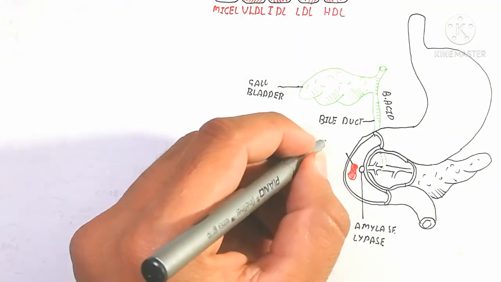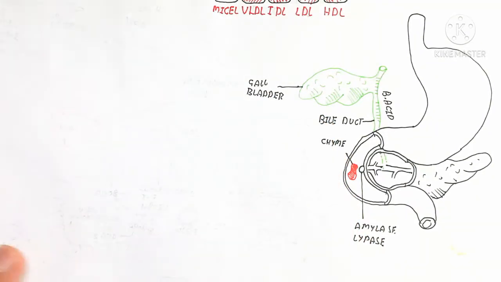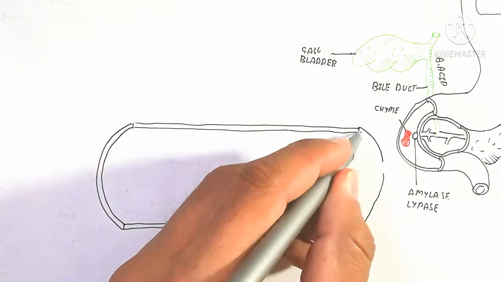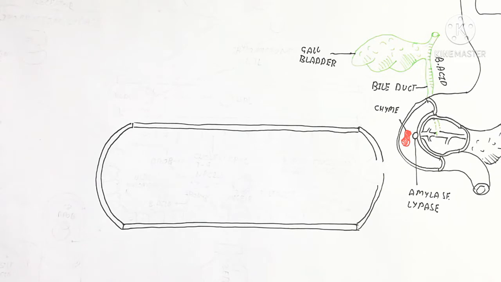Both combine due to CCK, and CCK is used to contract the gallbladder due to the effect of the chyme, which is the fat present in the duodenum.